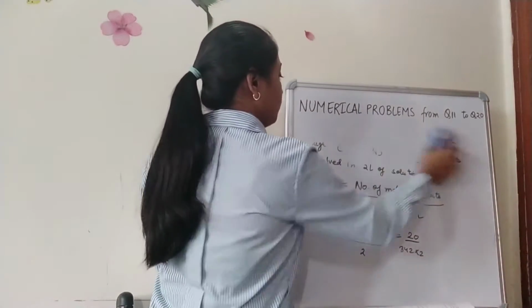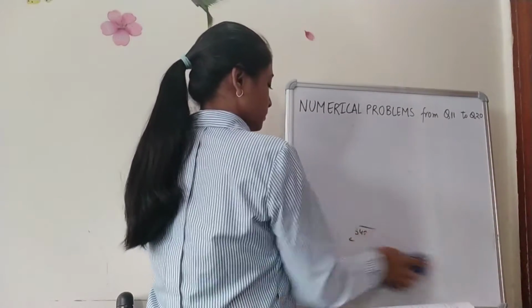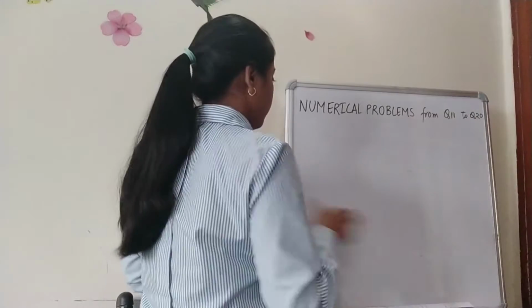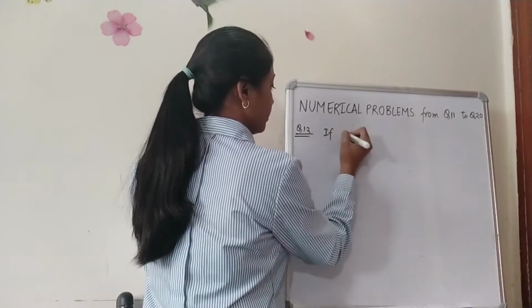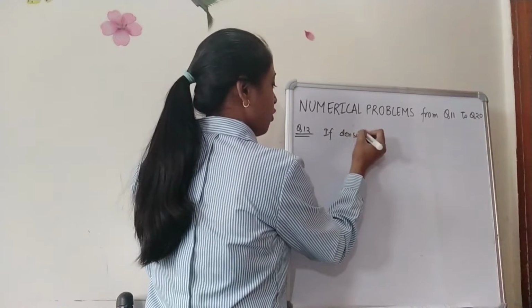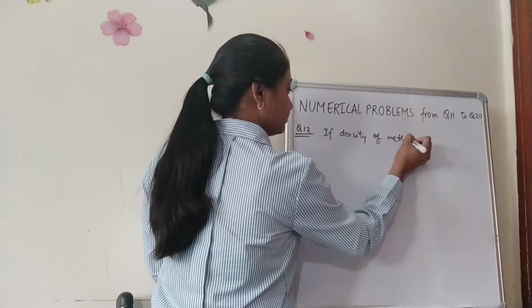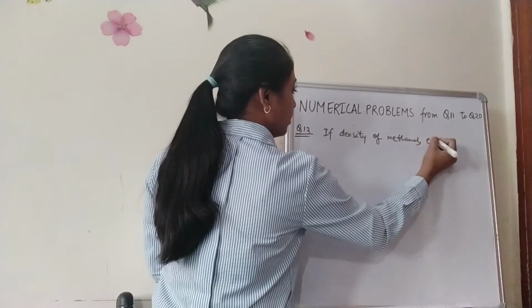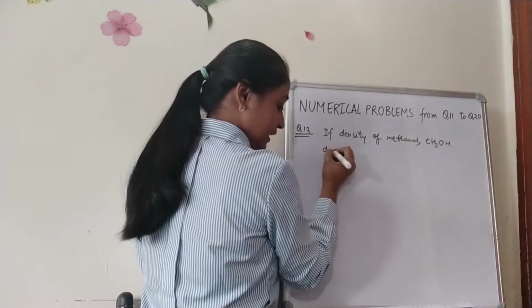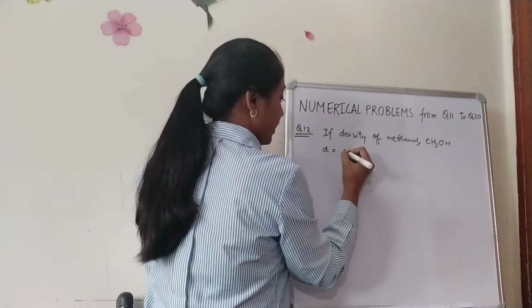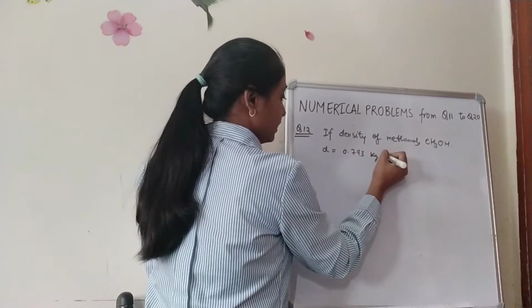So let's solve question number 12. So question number 12 is, if the density of methanol, whose formula is CH3OH, is given as 0.793 kg per liter, right?